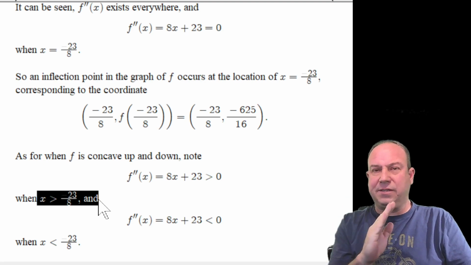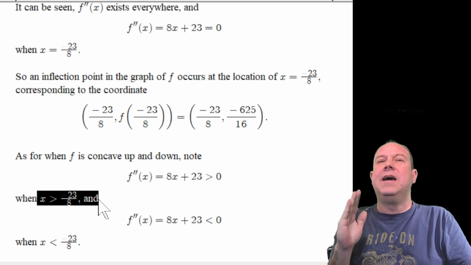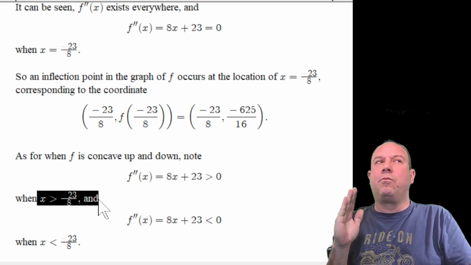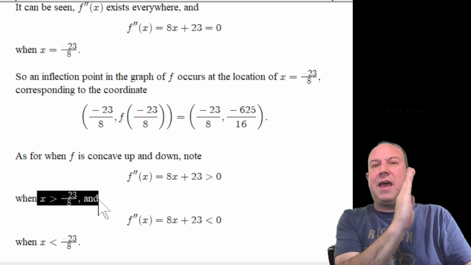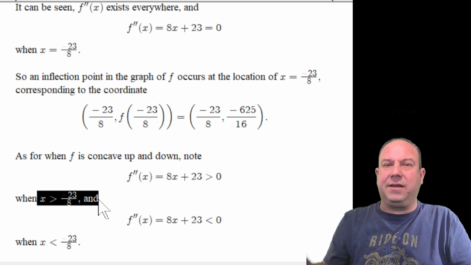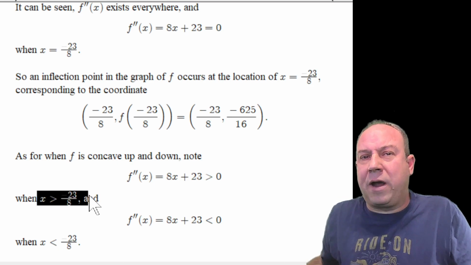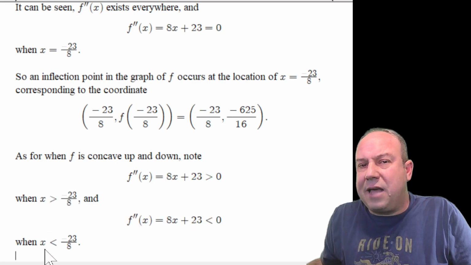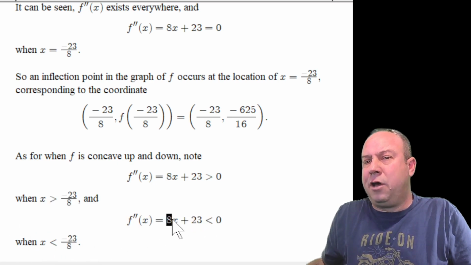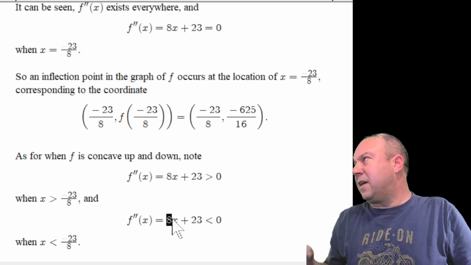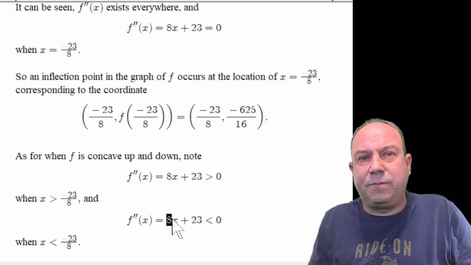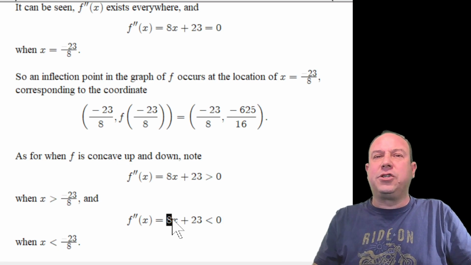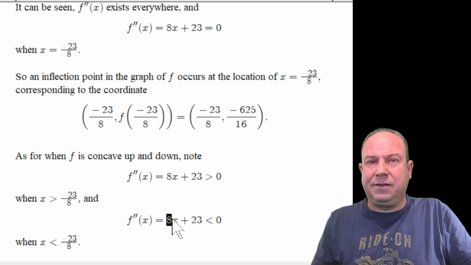The output is greater than 0 when we're to the right of that x value, at x being greater than negative 23/8. And it's going to be less than that when we're to the left of it because of the slope of that second derivative, that linear function. The linear function is going to be increasing, right?